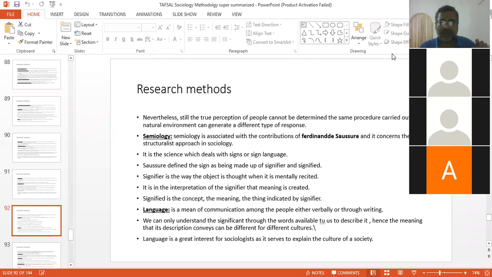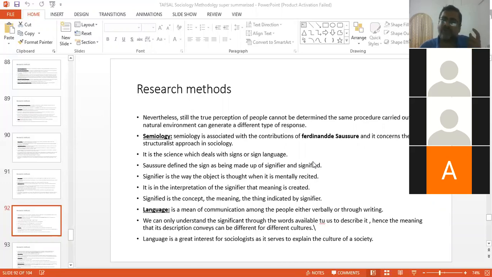So that brings us to the concept of language. Whenever we are talking about sign language, then we will obviously come to language. What is language? A means of communication, and language is both. It can be spoken, it can be written.